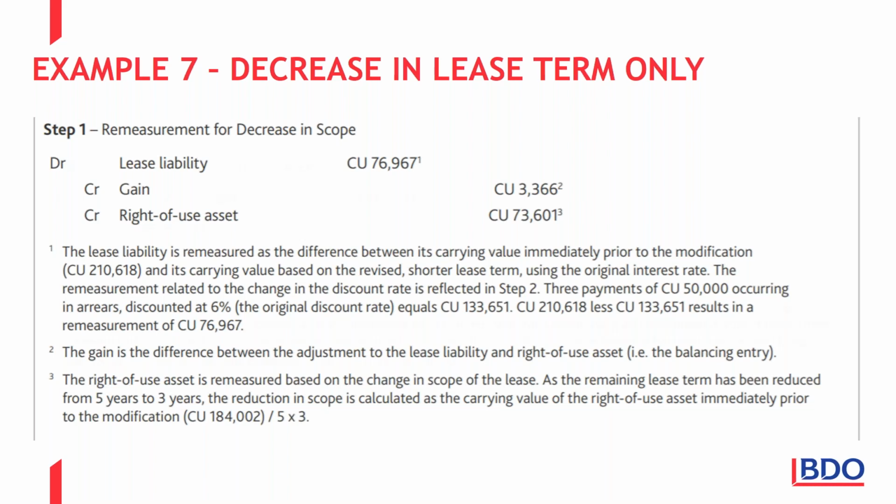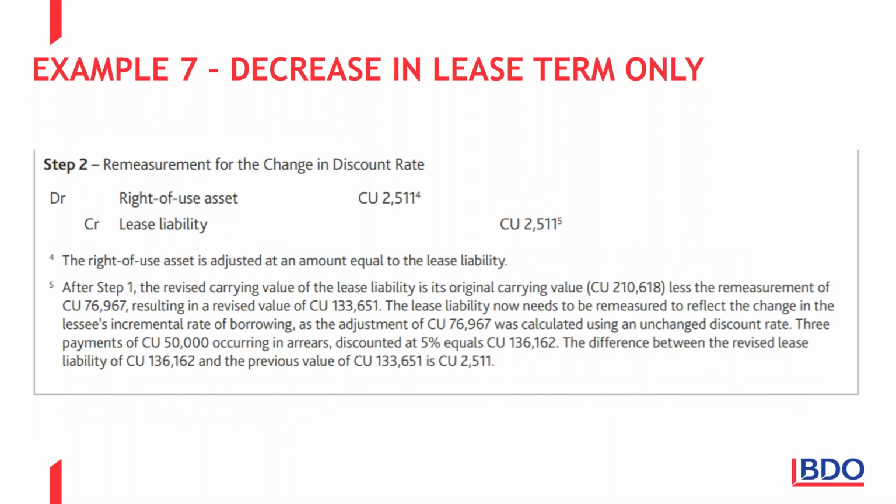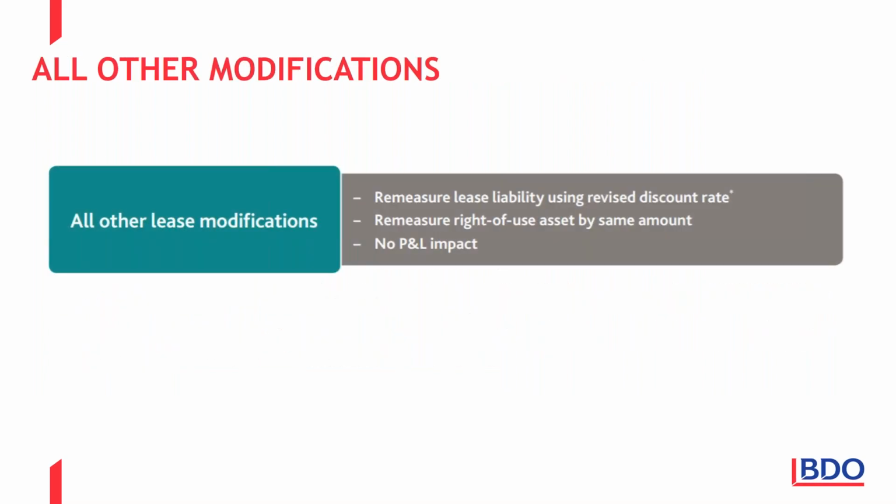And then the other thing that we'll do is we know that lease liability should now be discounted using the new discount rate because we've renegotiated a new lease term, we've repriced the contract, but that part of the change will not impact P&L. It will actually be set off against your right of use asset. And we've included all the calculations for completeness purposes.